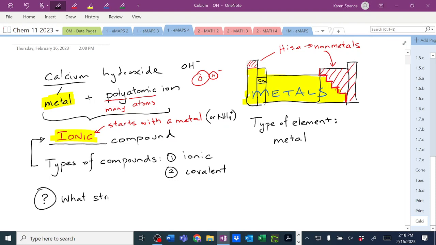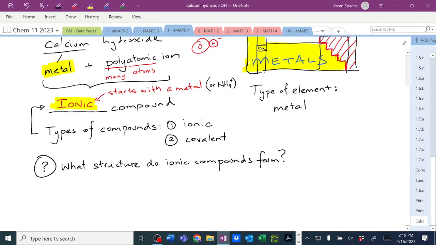What structure do polyatomic, or not polyatomic ions, do ionic compounds form? See if you can remember that. Have a little chat.